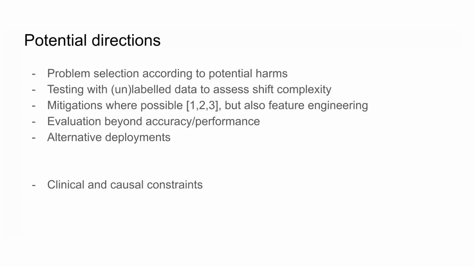Having labeled data, at least a small amount, in our target distribution, even just to assess the shift complexity, is desirable, even if we don't want to perform fine-tuning or transfer learning. If we find that the shift verifies some of the assumptions that we're looking for, then mitigation might be possible.